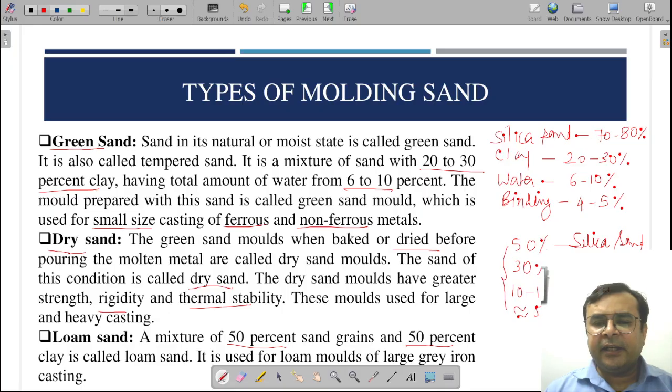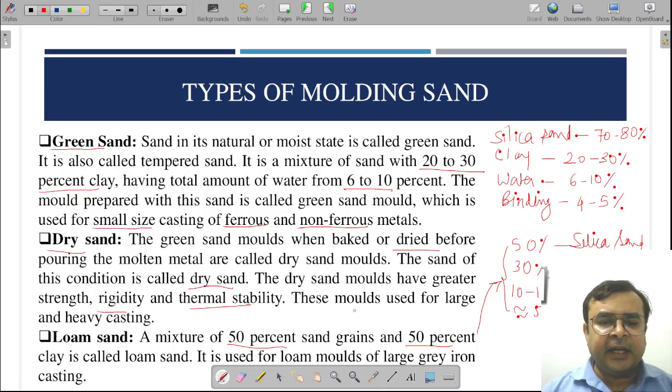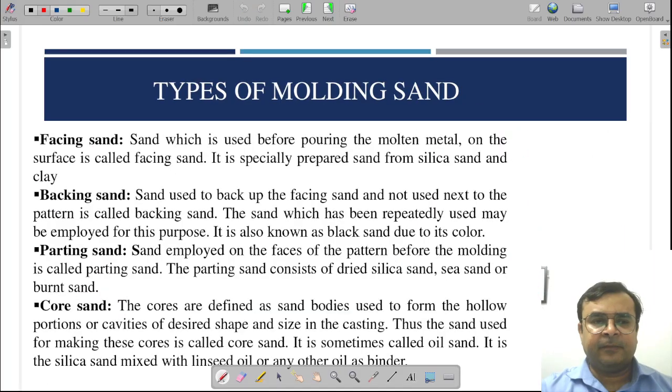So a sand which contains this composition is called loam sand, and loam sand has very high strength as compared to green sand or dry sand, and generally it is used for making large castings made up of gray cast iron. Is it right? So every sand has individual properties and individual applications.